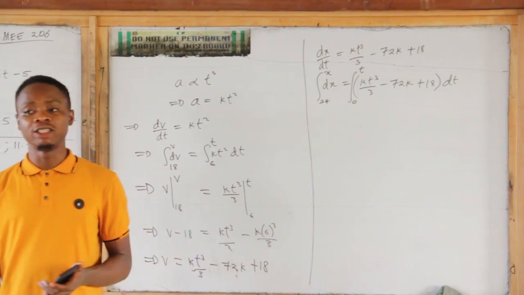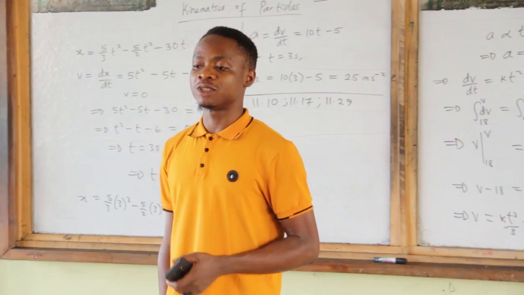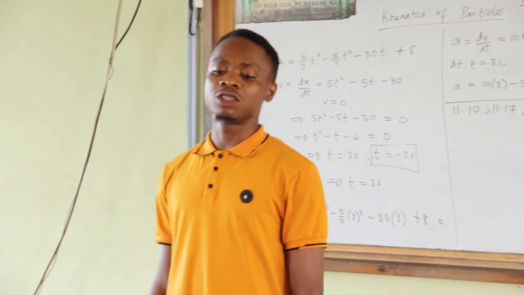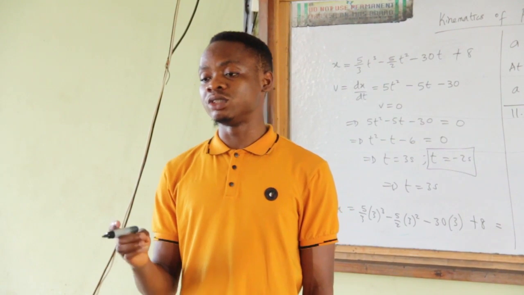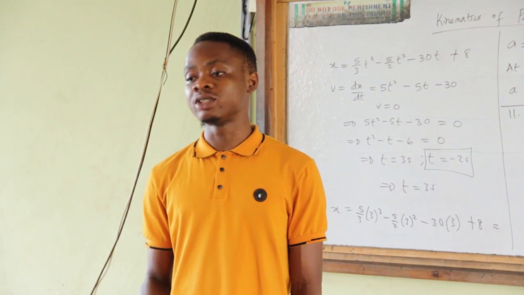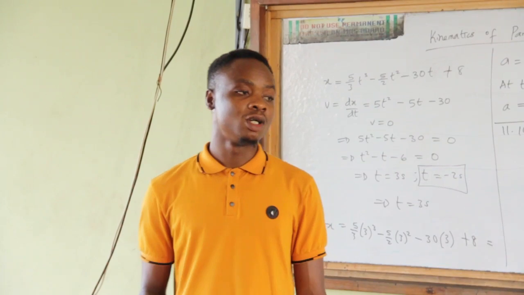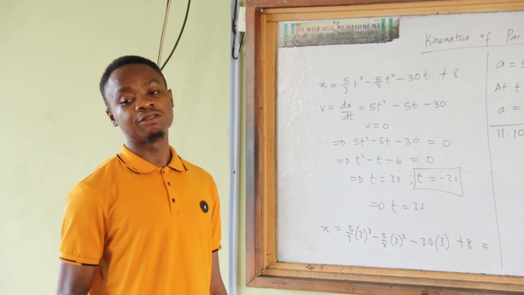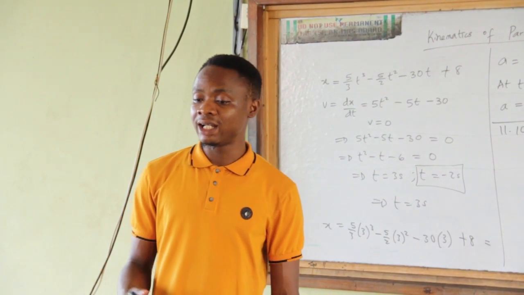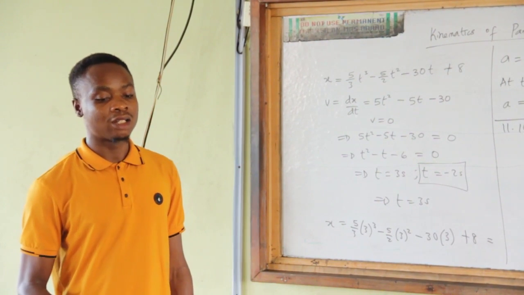Well, I told all of you, if you have issues with how to integrate, which is something you have done since 100 level, in the 200 level classes I assume you know how to differentiate and you know how to integrate. So those are not things I should be teaching you. They are things you ought to have learned before you get to 200 level. And I told you after your first semester exam that you should go home and learn them properly if you have not learned them.